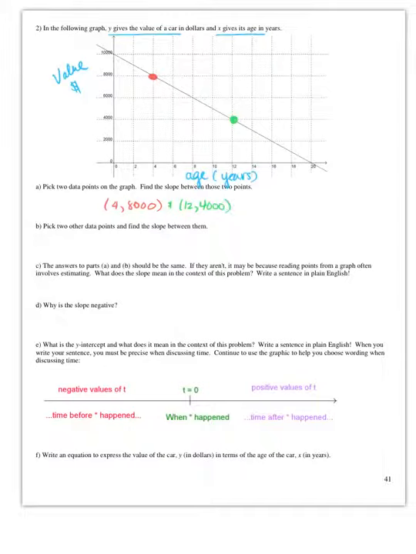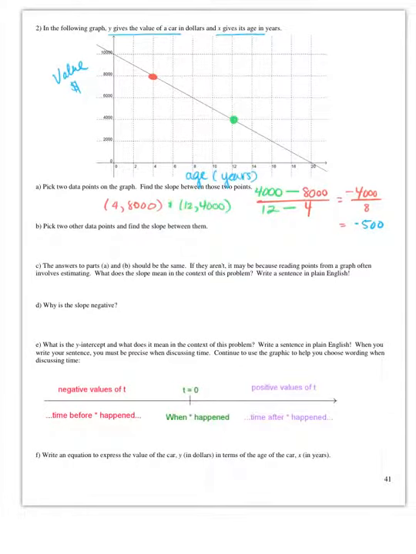We're going to find the difference in our vertical change over the difference in our horizontal change, which will be 4,000 over 8. Sorry, negative 4,000, that's important. Don't skip your negative sign. Over 8. And this simplifies to negative 500.